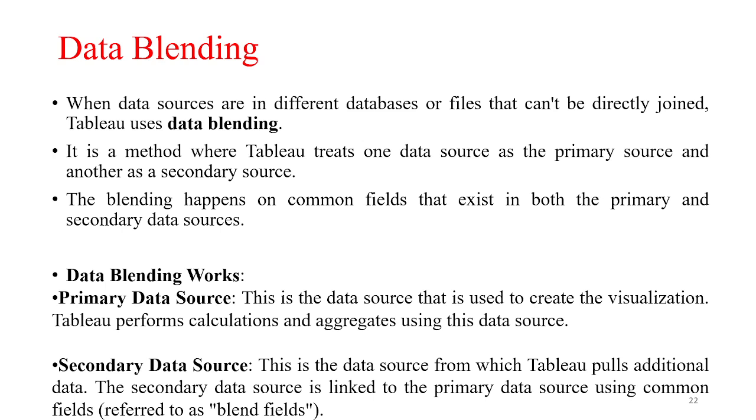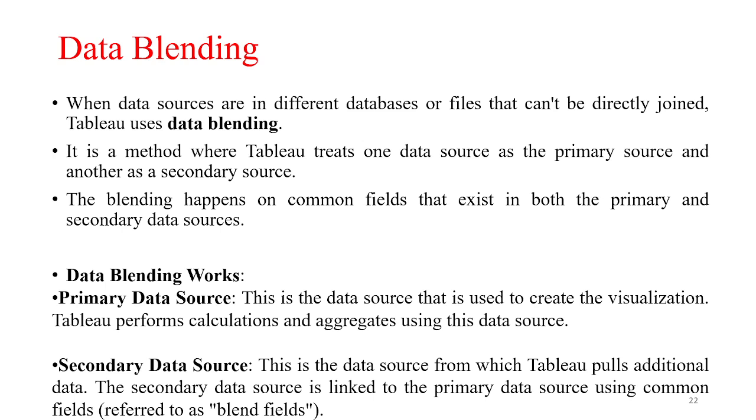So here we can create visualizations using the primary data. We can do some operations on that particular data. We can do calculations or aggregate functions using the data sources. Aggregate functions mean things like mean, median, mode, or count.